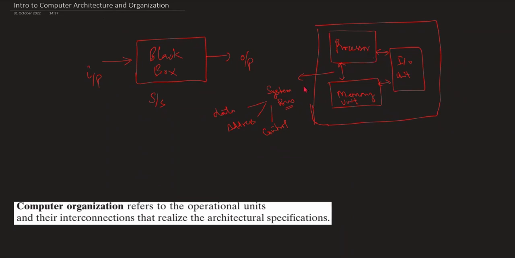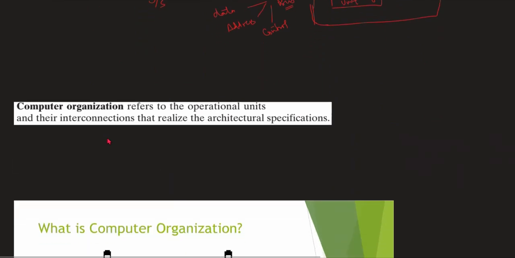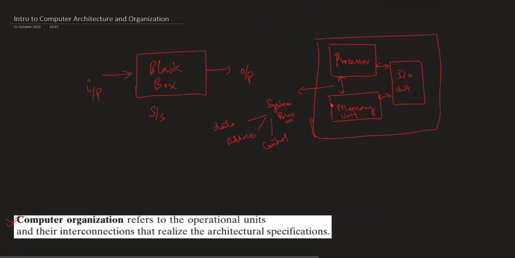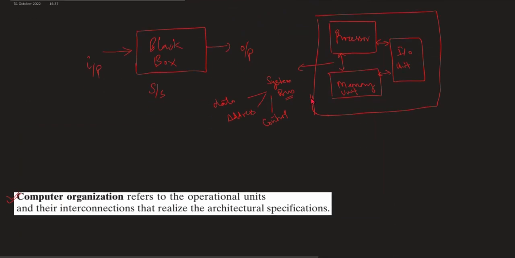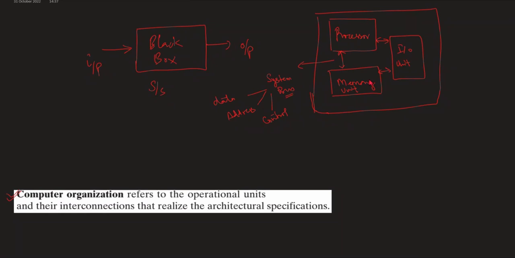So architecture is how these components are organized and how they are connected with each other. By definition, computer organization refers to the operational units and their interconnections that realize the architectural specifications. These are the architectural specifications of this black box, and they should be connected in a certain manner by interconnecting devices, or the buses here.